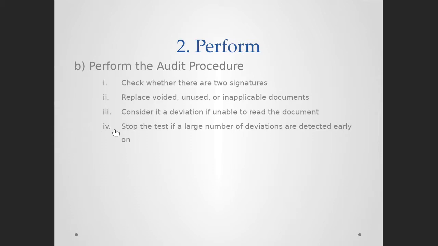In that case, there is no need to perform the rest of the audit procedure. You can conclude that the control is not effective. They do not follow the control procedures. If you find too many deviations in the first few, then you can stop the procedure and conclude. All right? Any questions on this? Clear? All right.